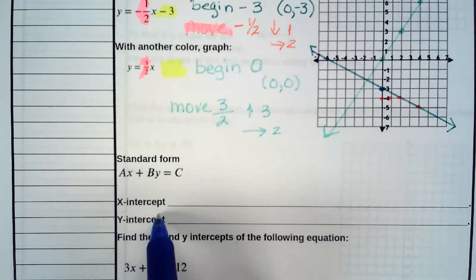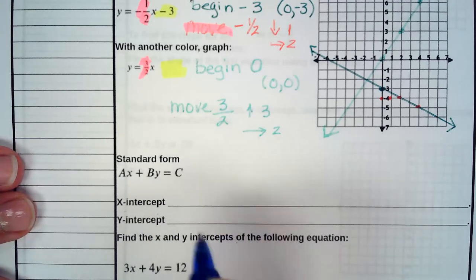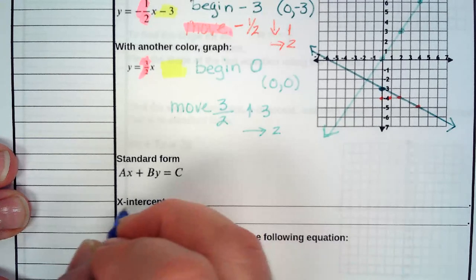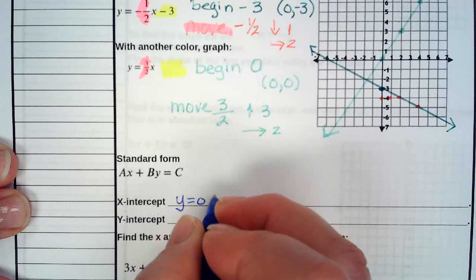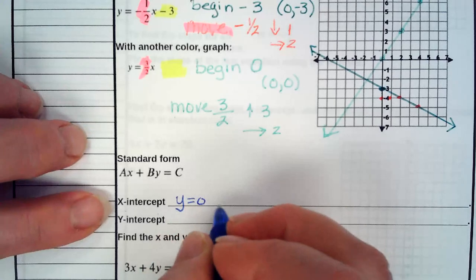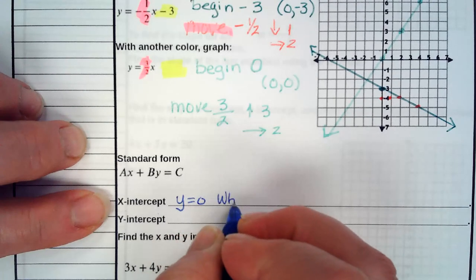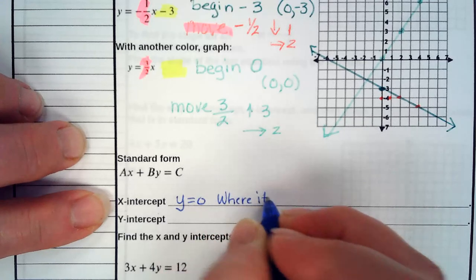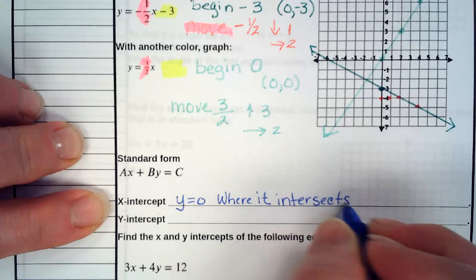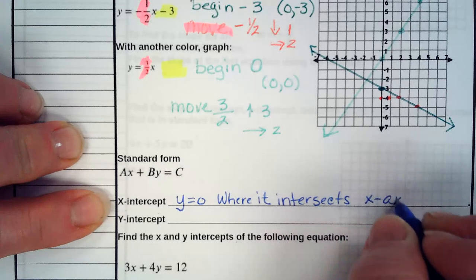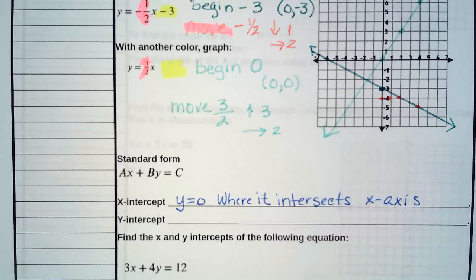So the x-intercept is where it intersects the x-axis, where y is equal to 0. So if the x-intercept is where it intersects the x-axis, what do you think the y-intercept is?